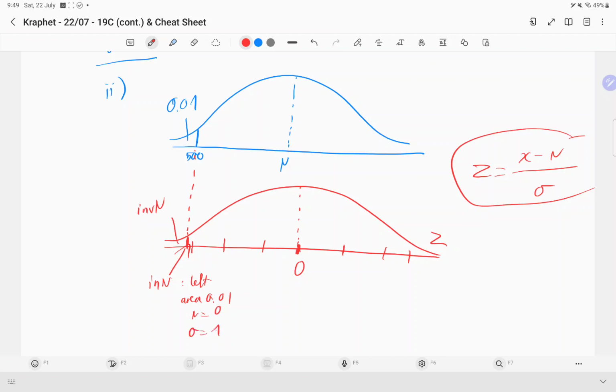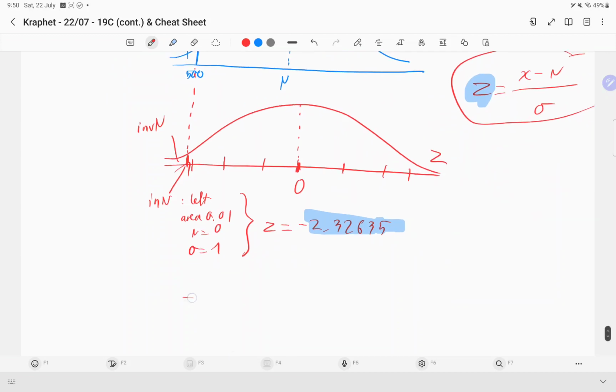So if you inverse normal that to get the Z value, the tail is left, 0.01, standard deviation 1, mean 0. That will be negative 2.32635. This Z value is the one that goes into the Z formula.